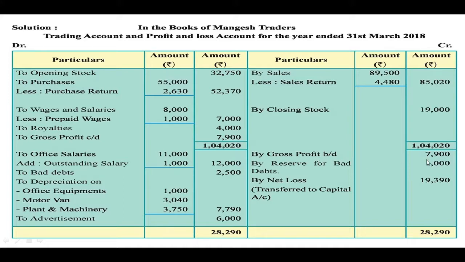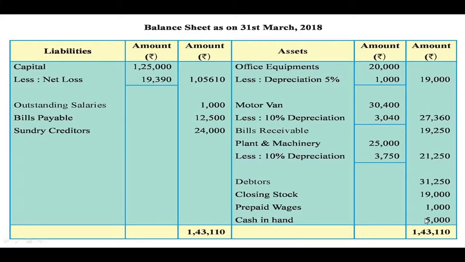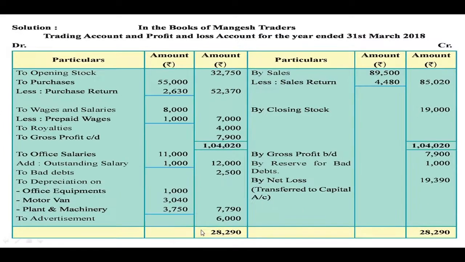Now here you have to take the total of the credit and the debit side. Here you can check properly that the debit side total is higher than the credit side. So there is a net loss of 19,390.